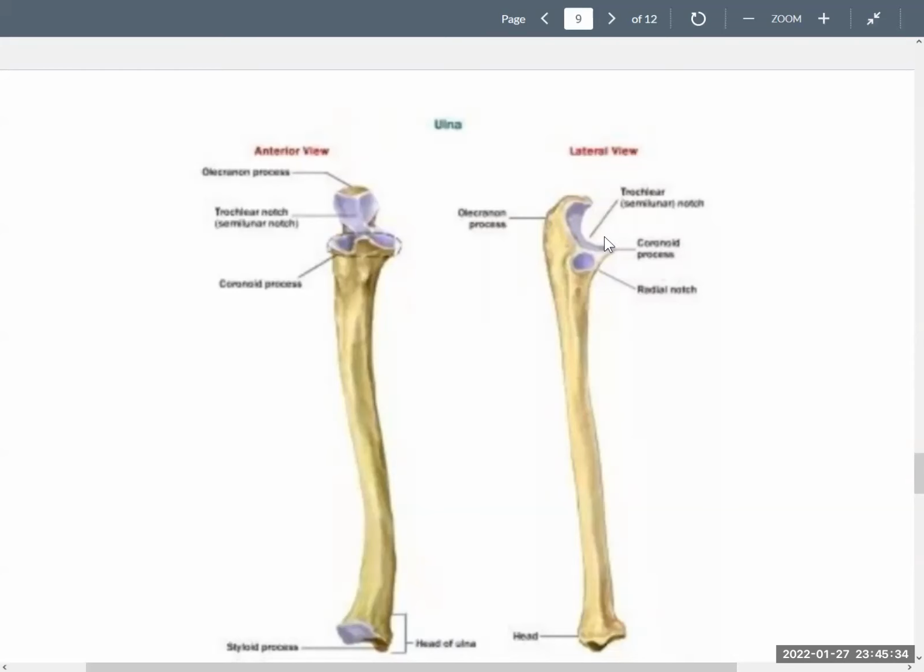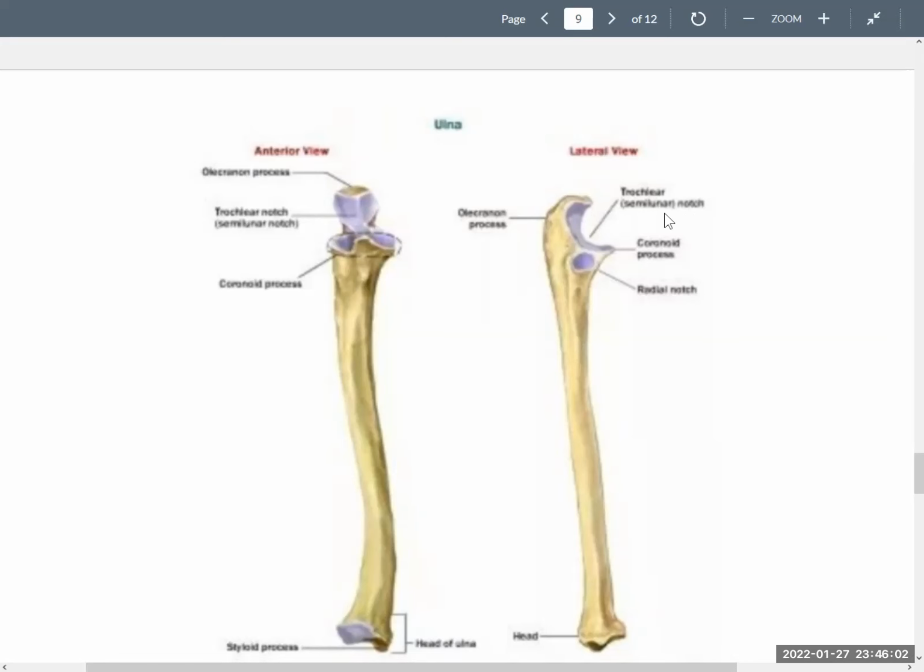This curved portion, and this is upright now, okay? So the most proximal part is up here, and the most distal part is down here. This is facing you, and this is a profile, on the right side. This is the trochlear notch, also known as the semilunar notch.